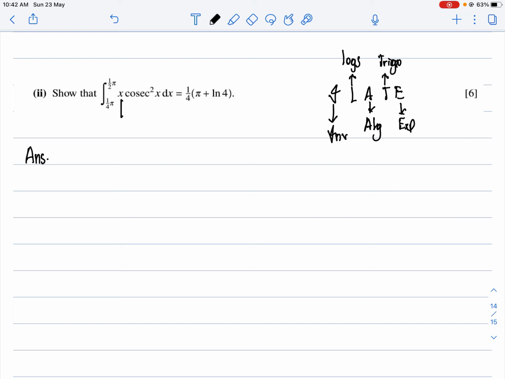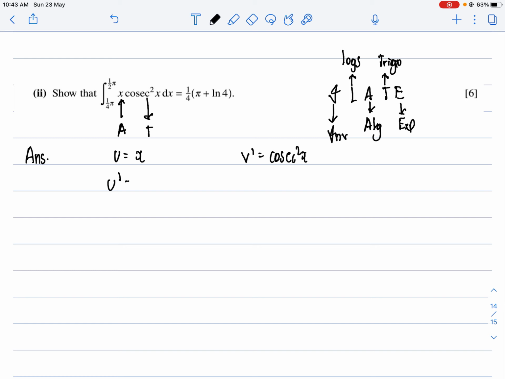Here x is algebra, and cosec squared x is trigo. So my u here is x, because A comes before T, and my v dash is cosec squared x, because T comes after A.